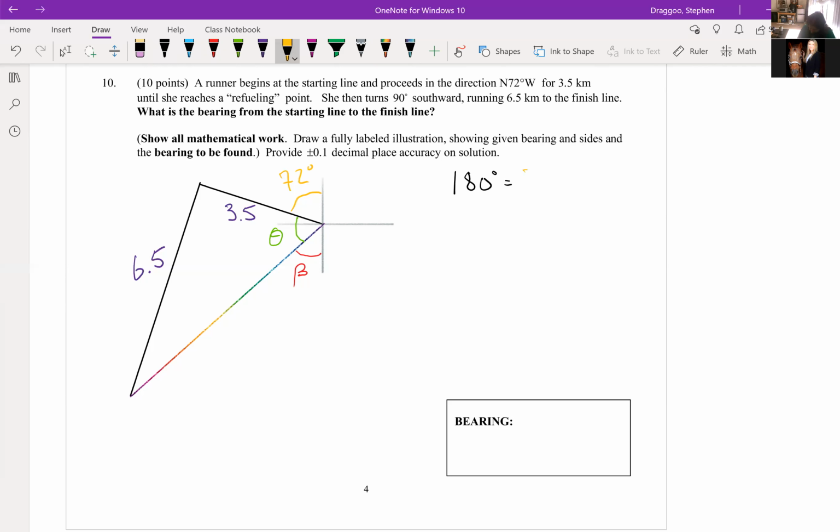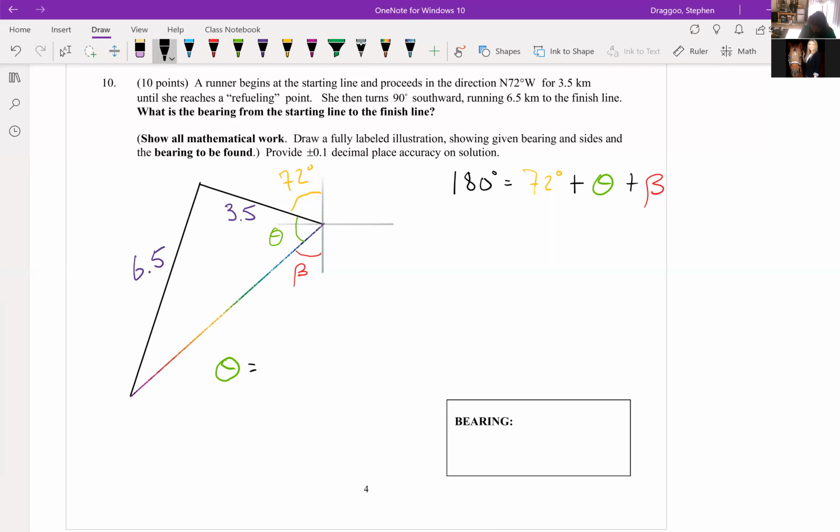So 180 is equal to 72 plus theta, which is green, plus beta. Which means in order to get that angle beta, I'm going to need to get the angle on the inside of the triangle first. Fortunately, I should be able to solve for that.